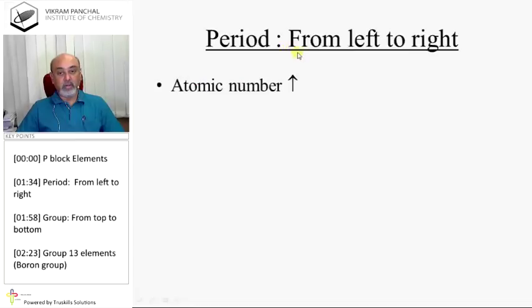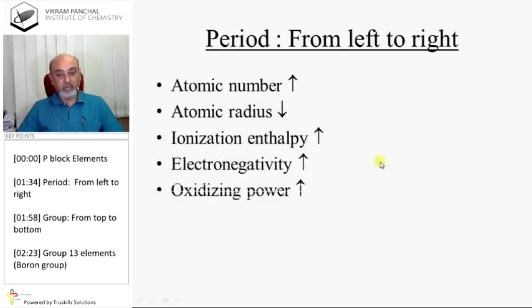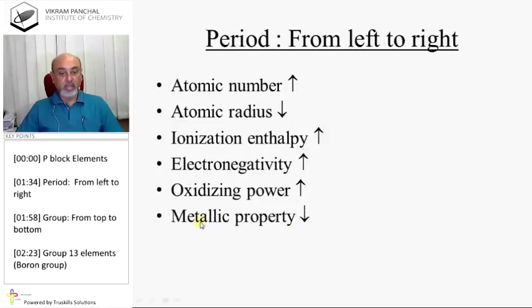In a period, if you go from left to right, atomic number increases, atomic radius decreases, ionization enthalpy increases, electronegativity increases, oxidizing power increases, metallic property decreases.